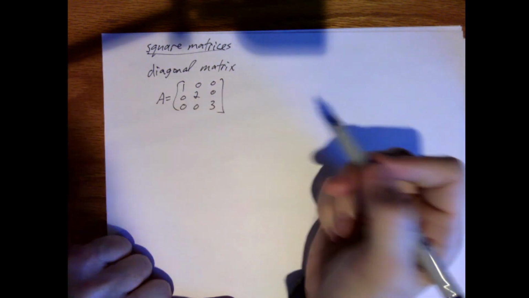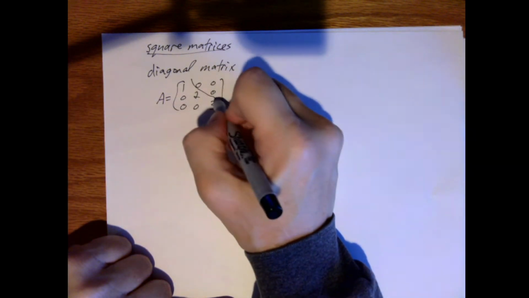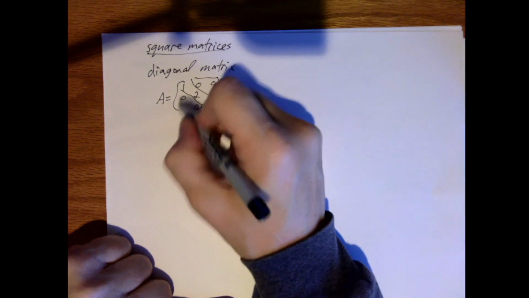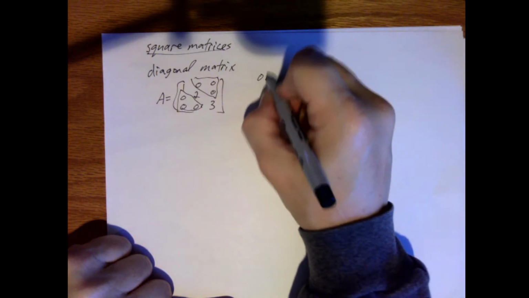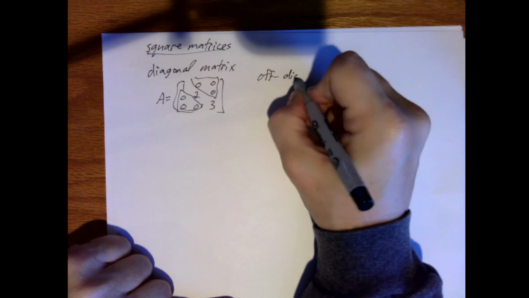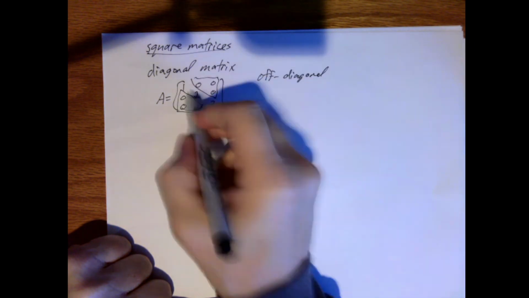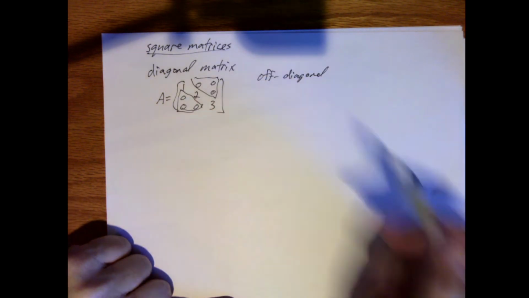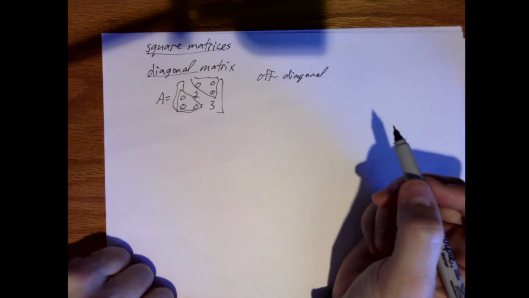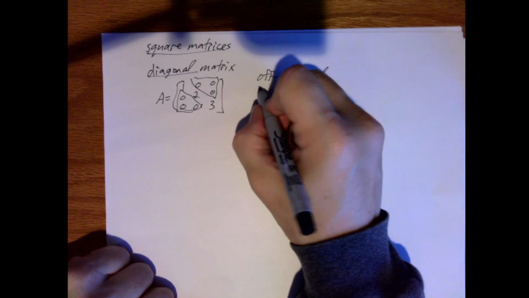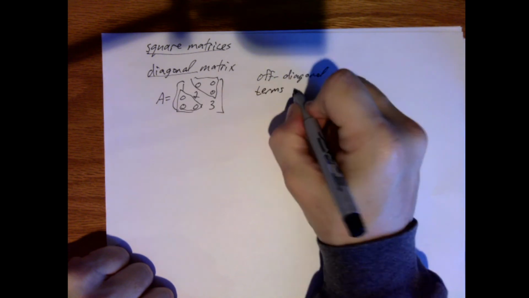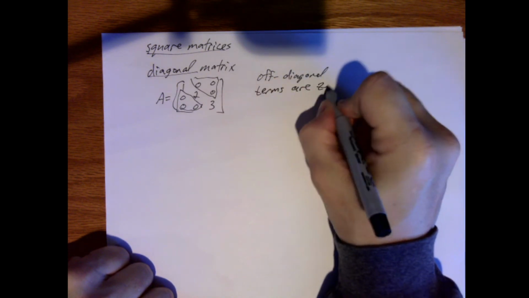What do we notice about this? Well, we notice that what we call the off-diagonal terms, those that aren't on the main diagonal, are only zeros. That's what makes a diagonal matrix. Okay? So the off-diagonal terms are zeros.